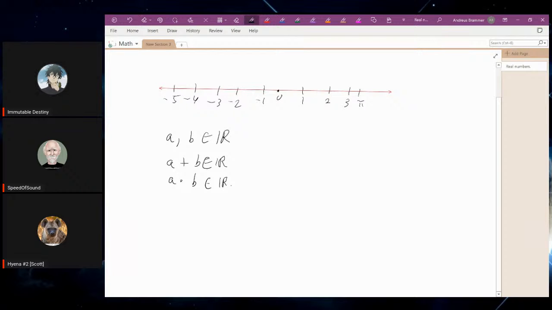Okay, good. So an example, just to kind of make this more concrete. Say A equals 2 and B is equal to 3. Well, A plus B is 5, and that's also a real number. It's over here.